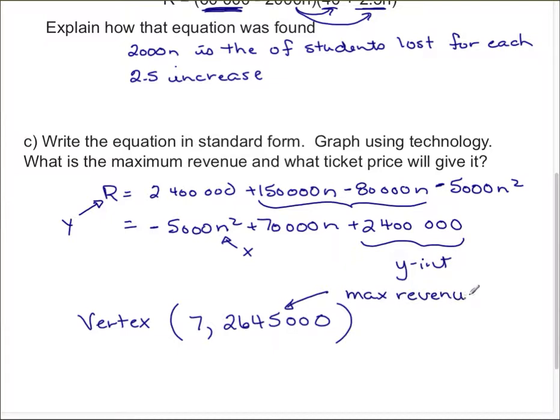Now notice that it is higher than our initial revenue, which is what we wanted. We wanted it to go up. And what this tells me is that we must increase 7 times. So that means that n equals 7.